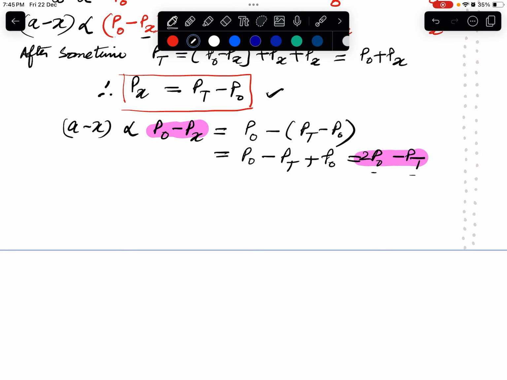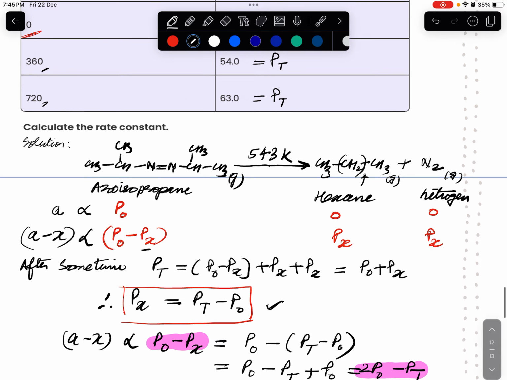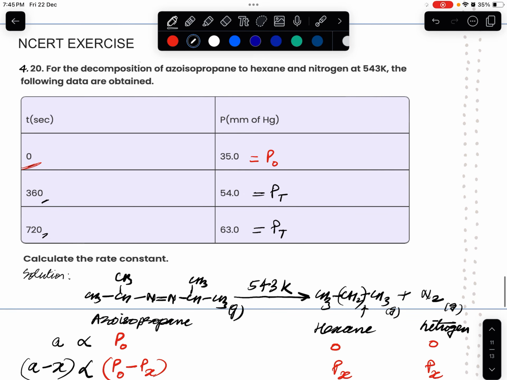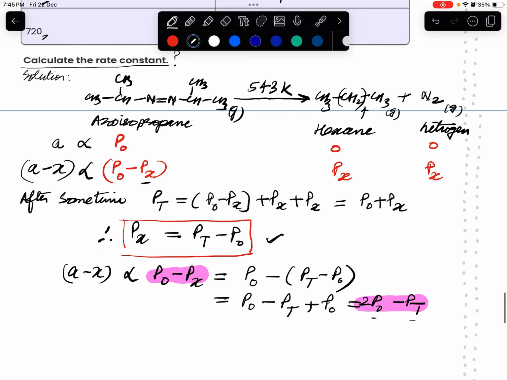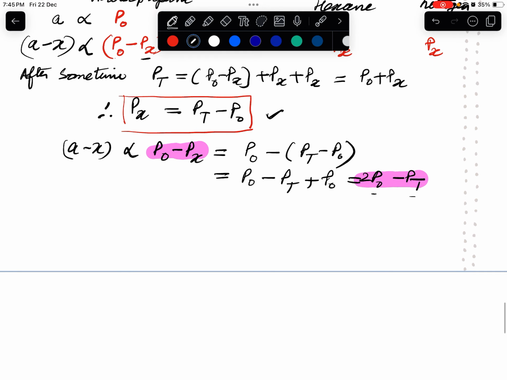Now come to the problem, what we are going to calculate. We have to calculate the rate constant. So we'll write down the equation for the rate constant. Rate constant, that is K, is equal to 2.303 divided by time taken for a particular change, log of initial amount, that is A, divided by A minus X. This is the equation in terms of the amount or the concentration.